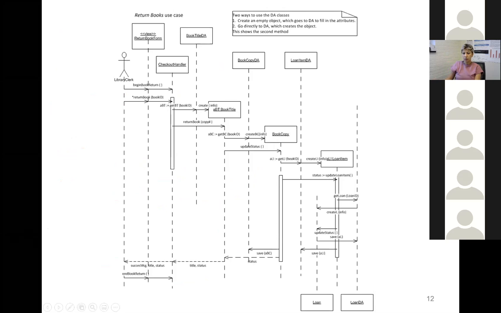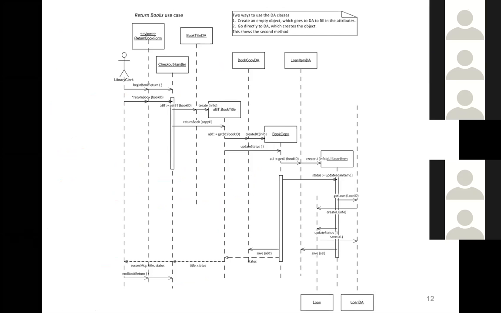Josh, is it method 1 or method 2? Method 2. Exactly. So a lot of saving, which is updating, happens here. And I think we read everything. So loan and loan DA. Oh, we haven't read that one.